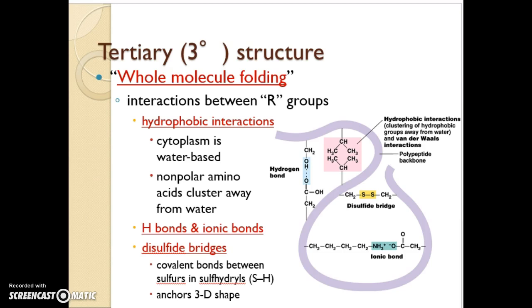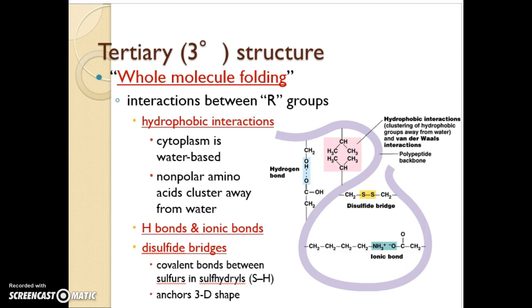The last type of bond is a really important one, and that's the disulfide bridges. And those form again between the R groups that have sulfhydryl groups of two cysteine monomers, which can act to rivet parts of the protein together.